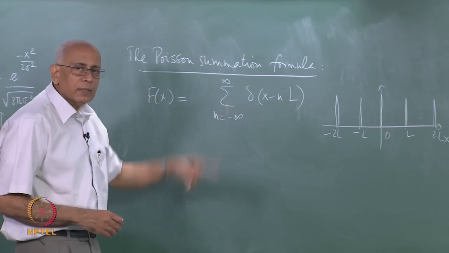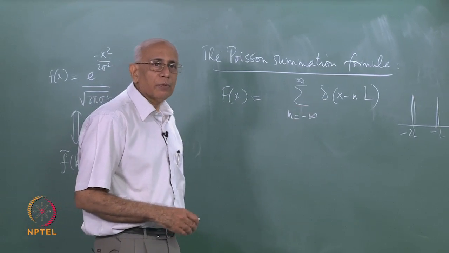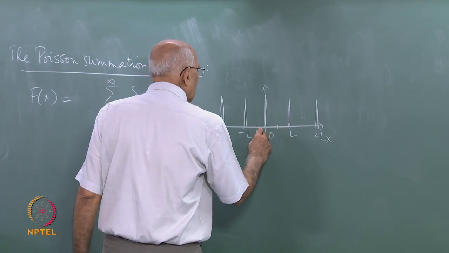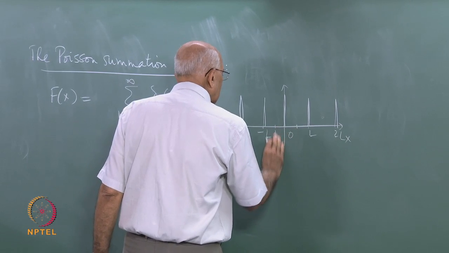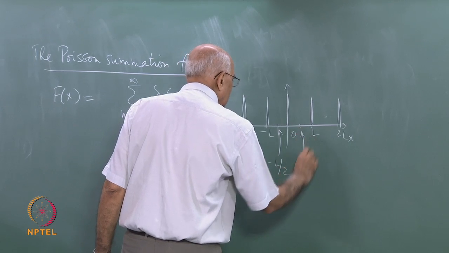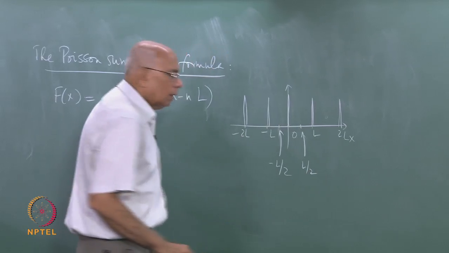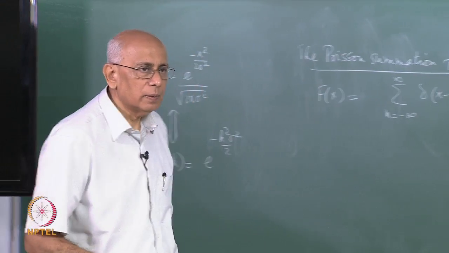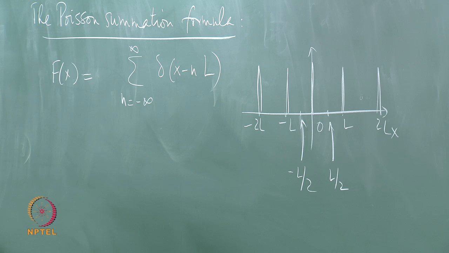Now we could regard this as a periodic function with a fundamental period that lies between minus L over 2 and plus L over 2. And this delta function is repeated with a period L. Okay. And the fundamental interval is minus L over 2 to plus L over 2, say.